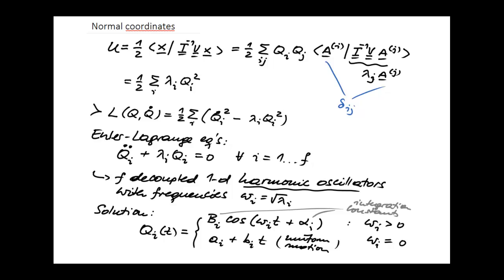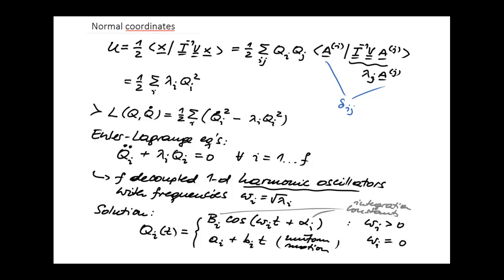To summarize, what we have done is, starting from the basic setup for small oscillations, we have done successive coordinate transformations. First we did the quadratic approximation. We went from original coordinates little qi to xi, which are the deviations from the equilibrium configuration. And then we made another coordinate transformation.